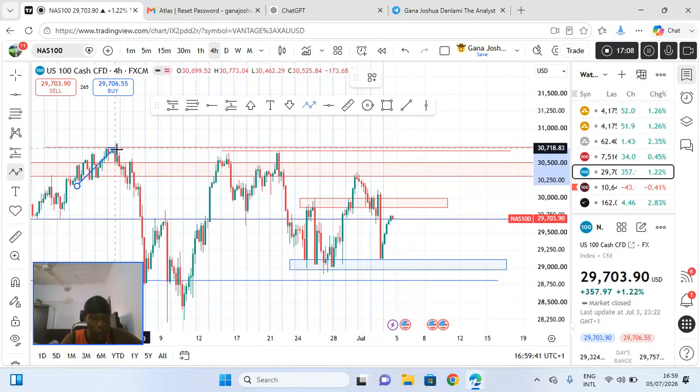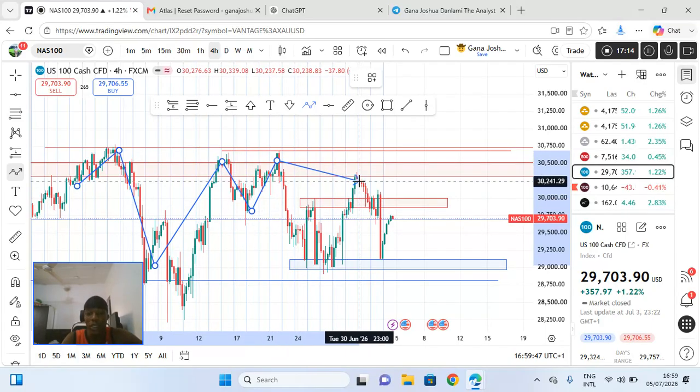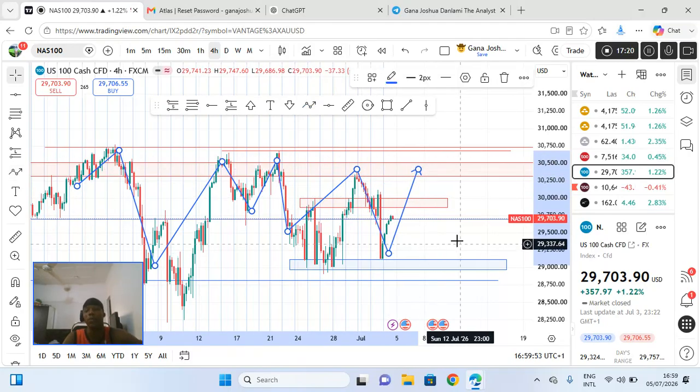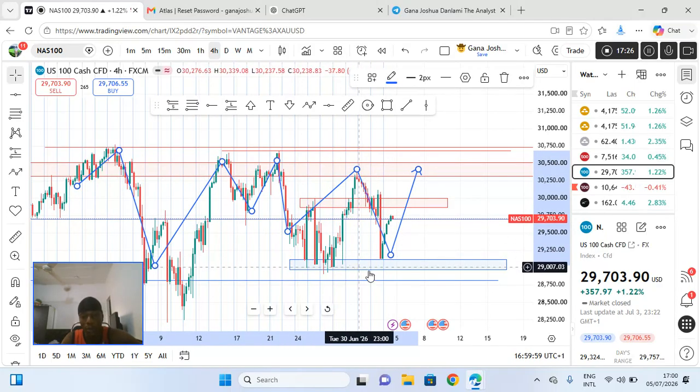Anytime price comes here, you see a drop. Time and again price comes to this level, not once, not twice, not three times. So what's the tendency that when price comes here it is going to respect it or not? That's how you identify resistance. Then the flip side of it, here is the support. So do you understand support and resistance?